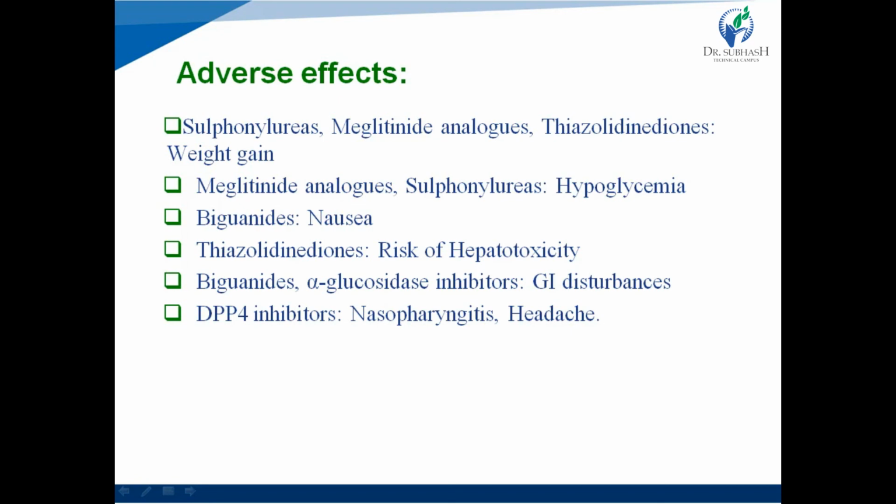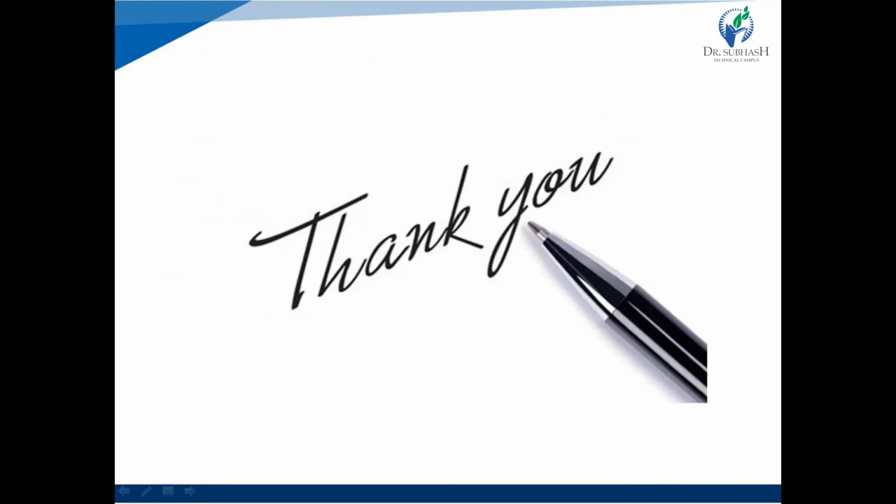Meglitinide analogues and sulfonylurea have another adverse effect, which is hypoglycemia. Then biguanides cause nausea. Thiazolidinediones have the risk of hepatotoxicity. Biguanides and alpha-glucosidase inhibitors cause GI tract disturbances, and DPP-4 inhibitors cause nasopharyngitis and headache. These all are the major adverse effects of these oral hypoglycemic agents.